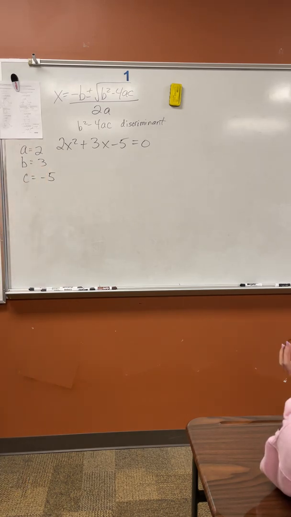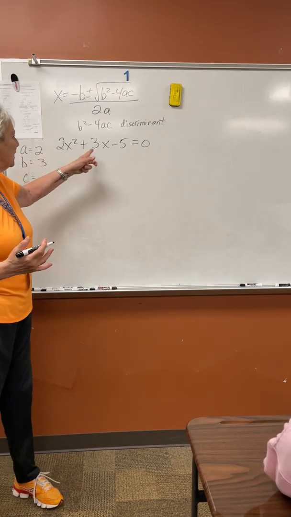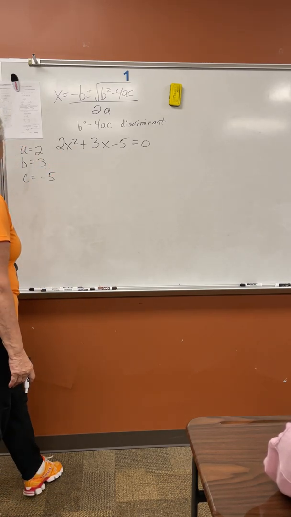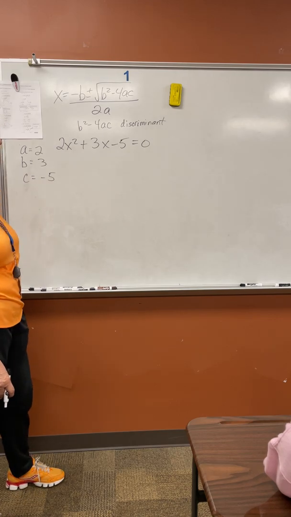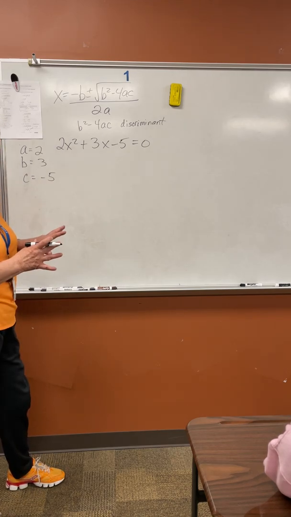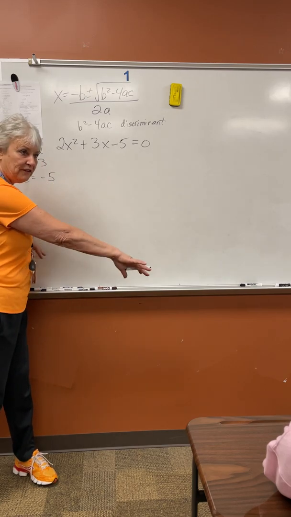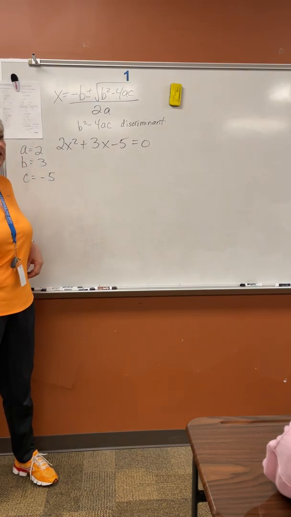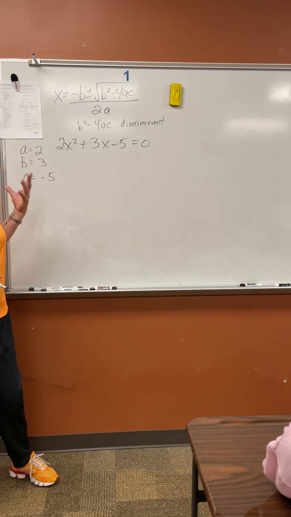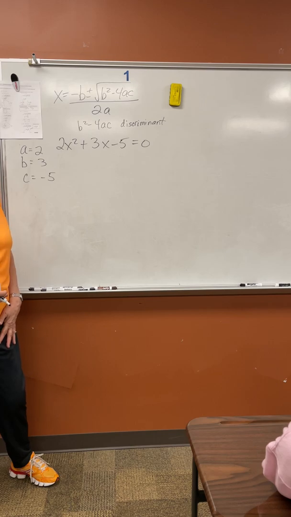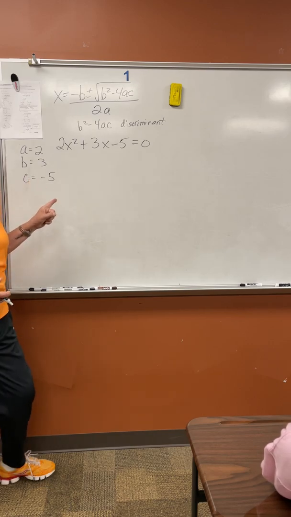Now we're going to plug this in to the quadratic formula. Oh, by the way, can we factor this? This is factorable, so on your final, you can factor it and solve it your way. If it's not factorable, you're going to be using the quadratic formula. It is entirely up to you. This one's factorable.